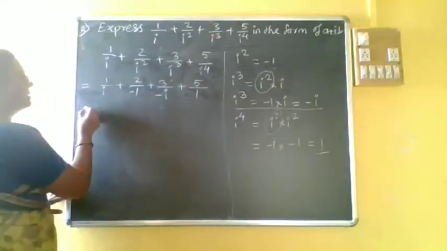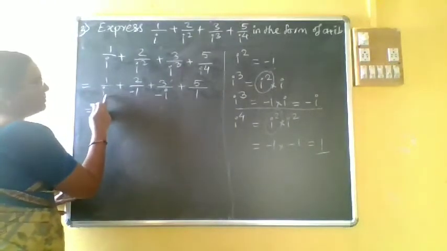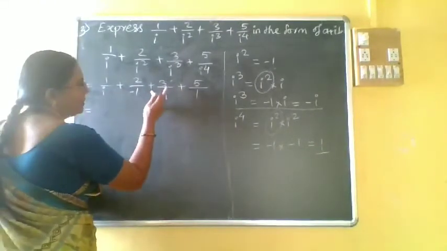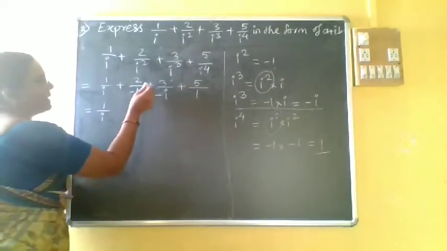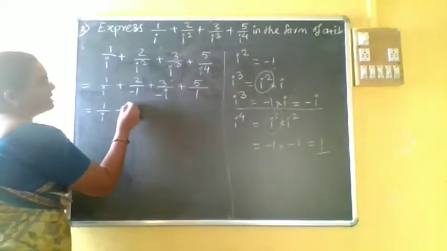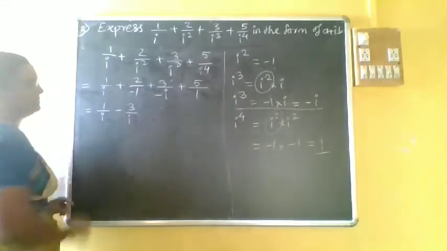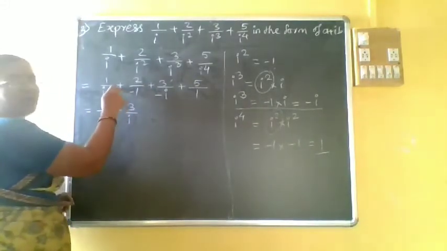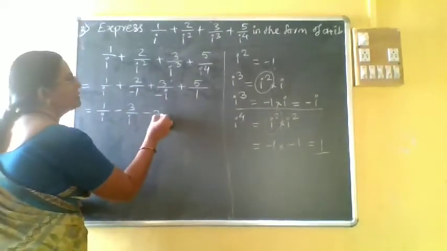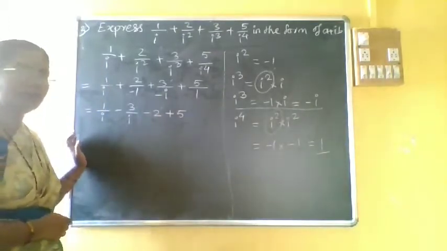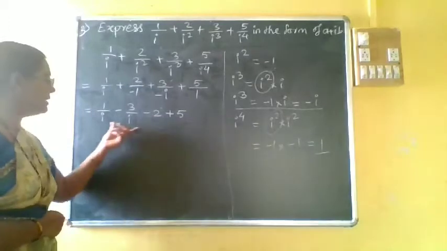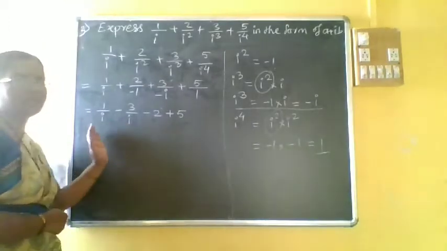Therefore it becomes 1 upon i plus 3 upon minus i. It becomes 1 upon i, and this minus sign and this plus becomes minus of 3 upon i. This minus and this plus becomes minus of 2, plus 5. I have taken the real numbers and the imaginary parts to one side.